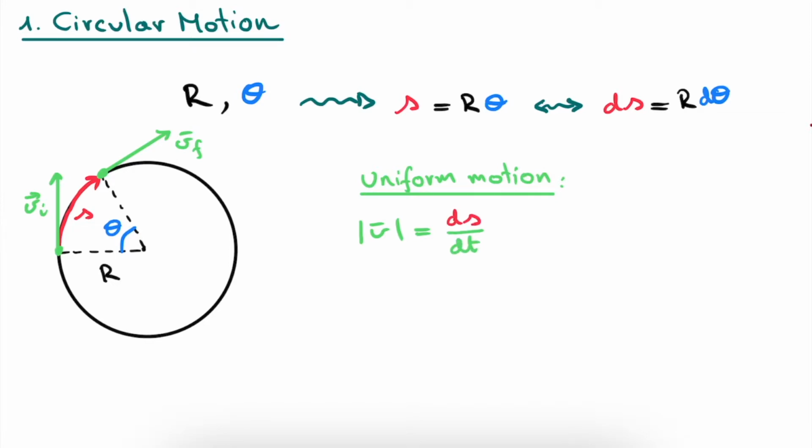In this case, the change in position will be along this circular trajectory, ds. We can rewrite this using the formula we found, which says that ds is equal to r multiplied by d theta. And then we still have the dt.